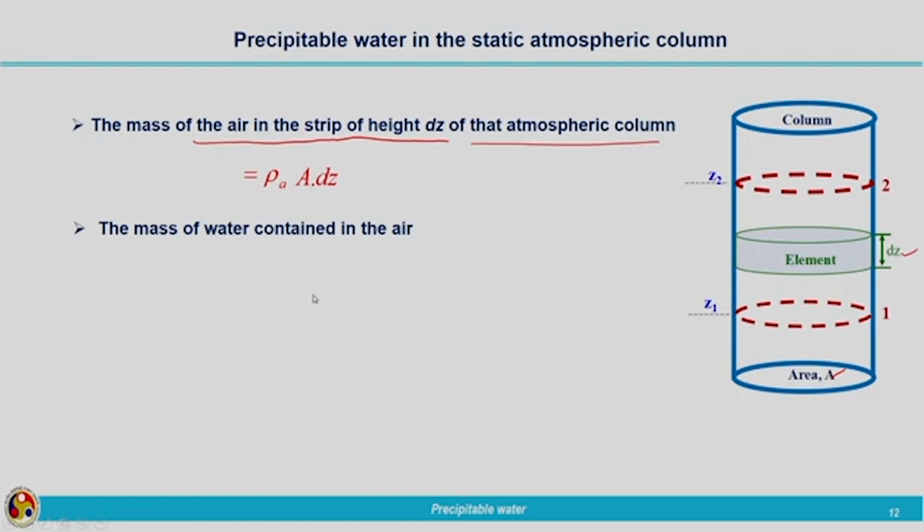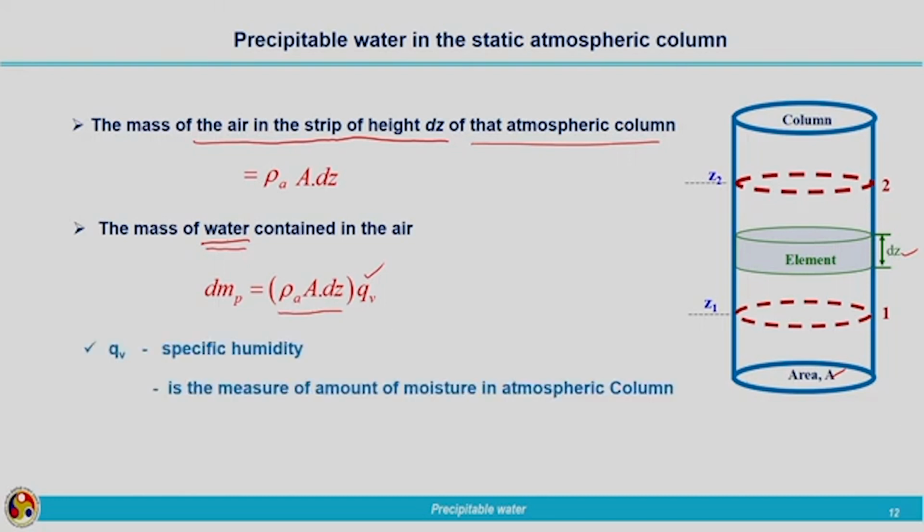So, the mass of water, here I mean the moisture present in that particular strip, that is dmp, because it is a small strip. dmp is nothing but rho A multiplied by A dz multiplied by QV, our specific humidity. QV is nothing but our specific humidity. It is the measure of the amount of moisture in the atmospheric column.